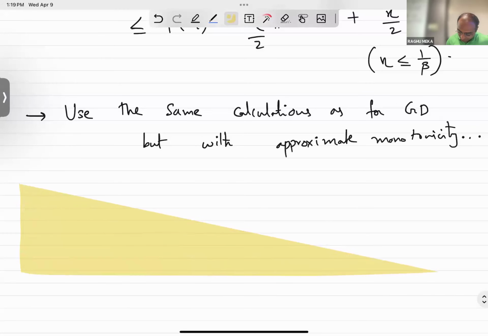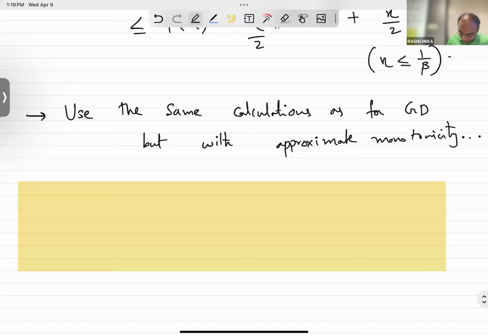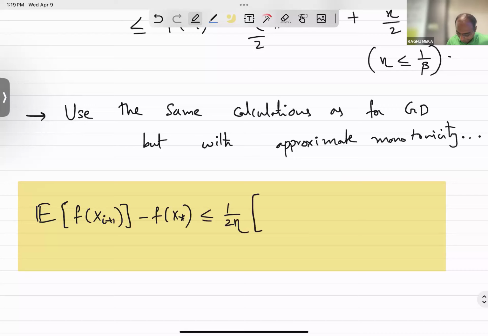And if you do that, you get this natural analog where, in the case of gradient descent, we didn't have expectation, and this was the inequality that we started out with.